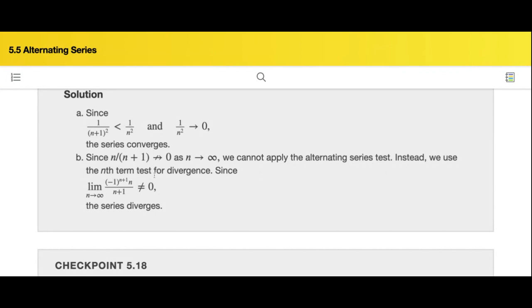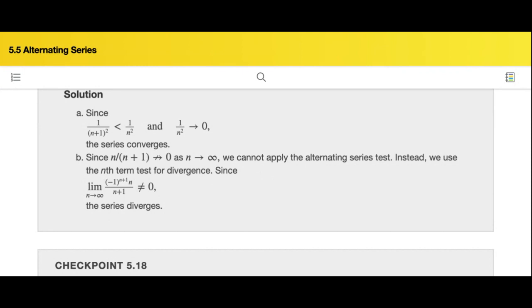Instead, we use the nth term test for divergence. All right, remember the divergence test? We use the nth term test for divergence, since the limit of this nth term is not equal to 0, so the series diverges. That's the divergence test. If the nth term does not go to 0 as n approaches infinity, the series diverges.